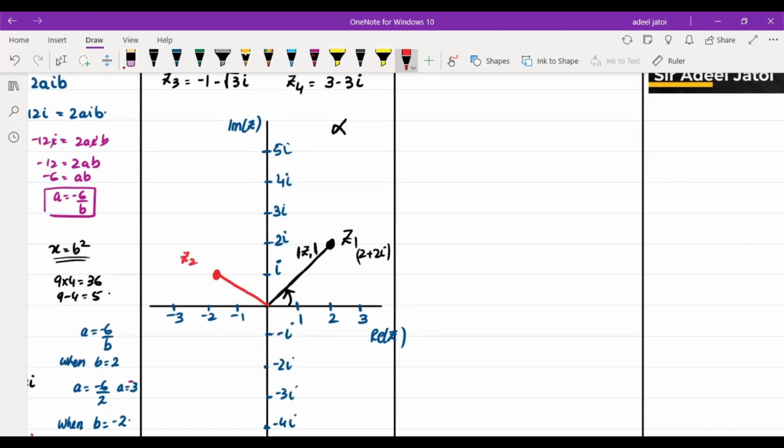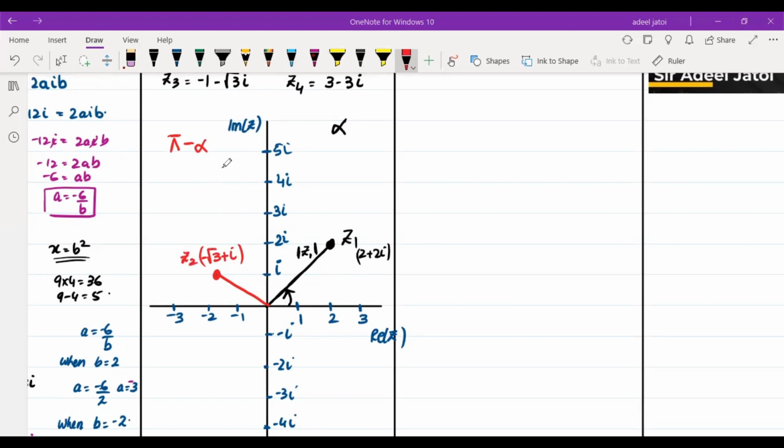So this represents Z2, which is negative under root 3 plus iota. Whereas the angle here is always pi minus alpha, right? Because this will be the angle, but we will be needing this angle. So if this angle is taken out, we will always be finding it anti-clockwise using the pi minus alpha method.